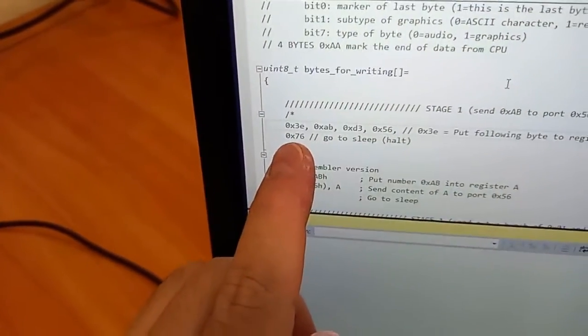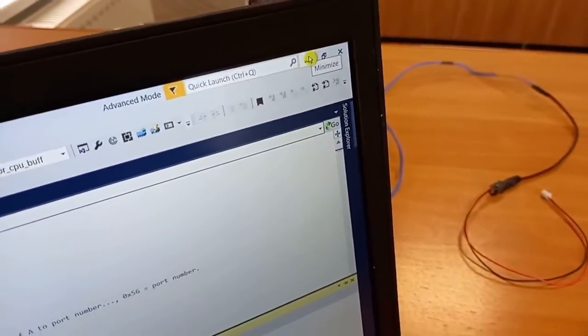The last instruction was stop. Stop and don't do anything else.